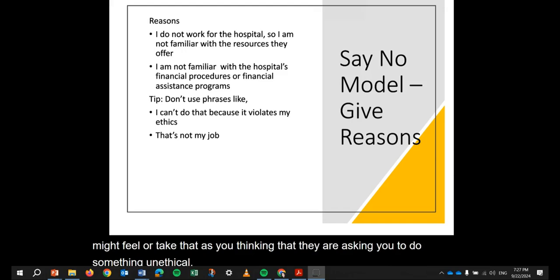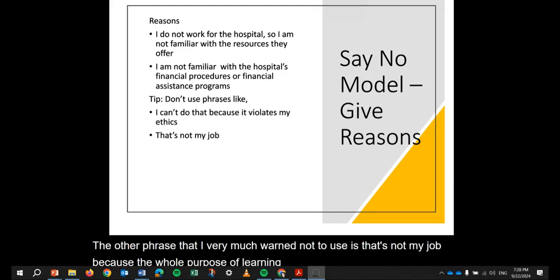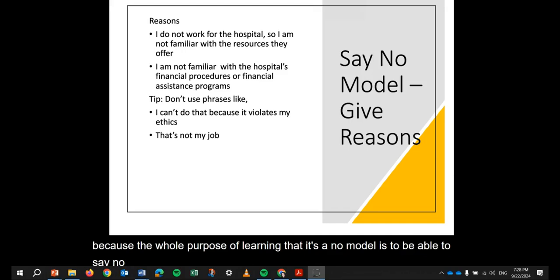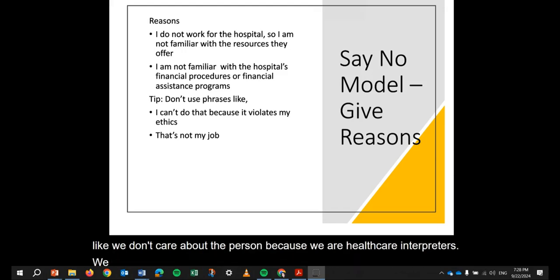The other phrase that I very much warn not to use is, that's not my job. Because the whole purpose of learning the Say No model is to be able to say no or decline a request in a professional way. And we don't want to seem like we don't care about the person. Because we are healthcare interpreters, we are seen as providers.